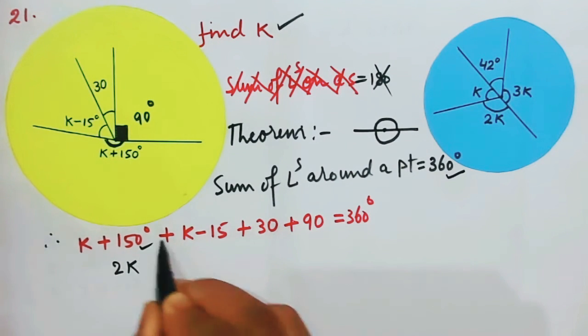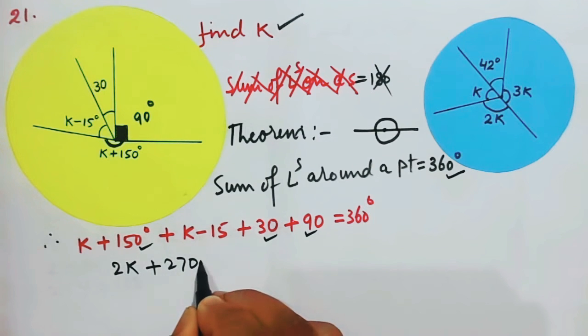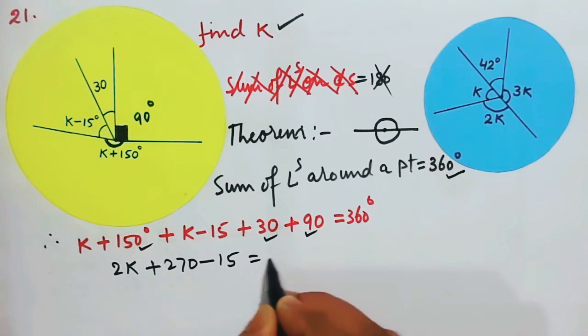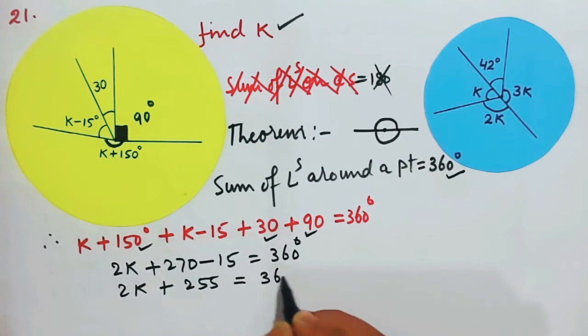After adding, I'll get 270. 270 minus 15 is 255. Therefore, 2k plus 255 will be equal to 360 degree.